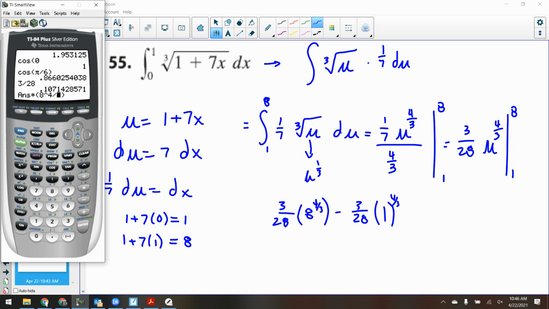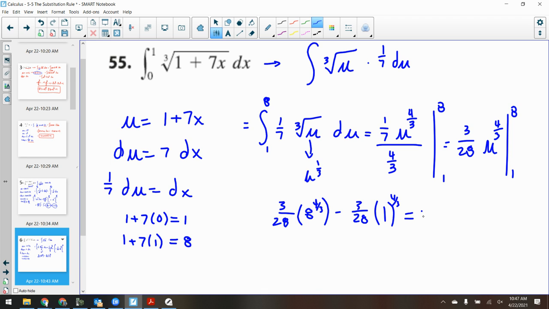I'm going to put that in parentheses. I hit enter. And then, look, 1 to the 4/3 is just going to be 1. So I'm going to subtract away 3/28.